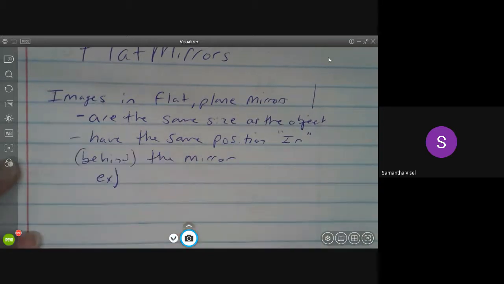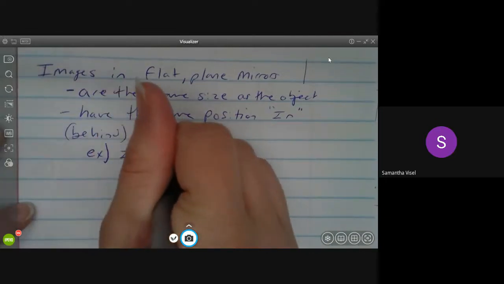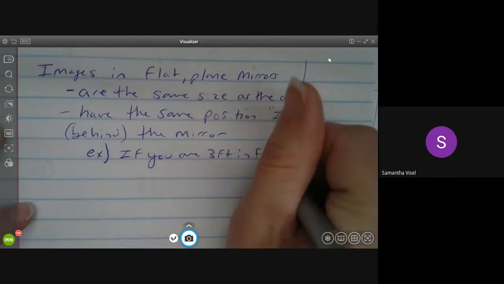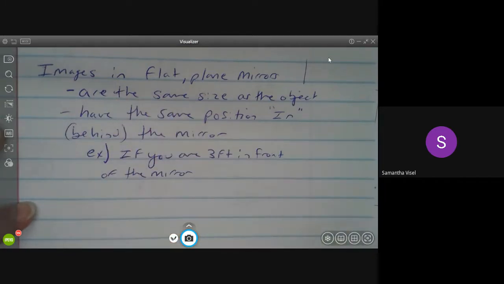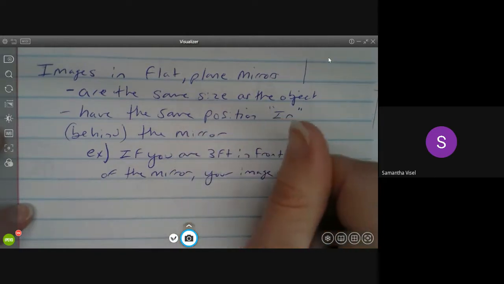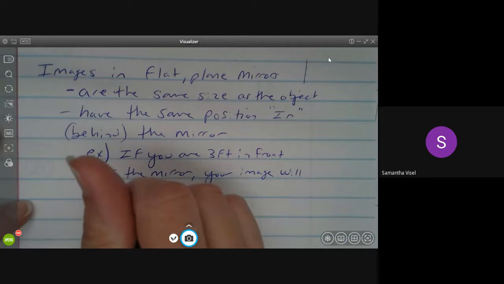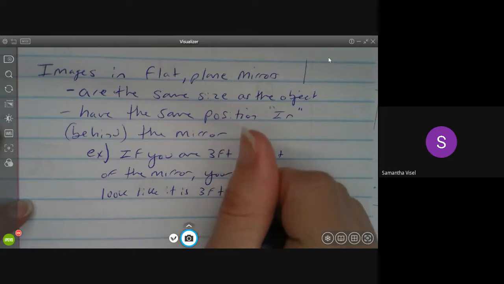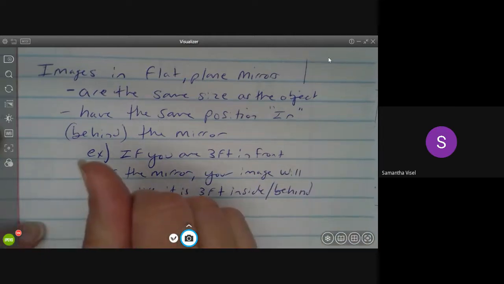So for example, if you are 3 feet in front of the mirror, your image will look like it is 3 feet inside, or if you want to use the word, behind the mirror.